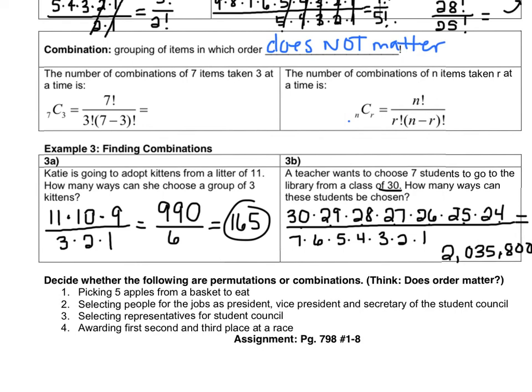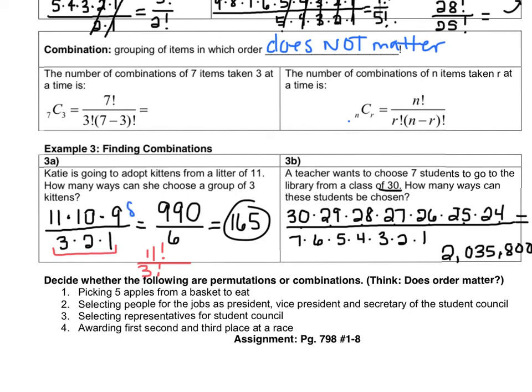So let's see how we could figure these out using factorials in the formula. So it looks like in example 3a, we started off with 11 factorial, right? We divided it by this, which is 3 factorial. And then what else did we get rid of that was canceled out from the top? Well, see how we stopped at 9?